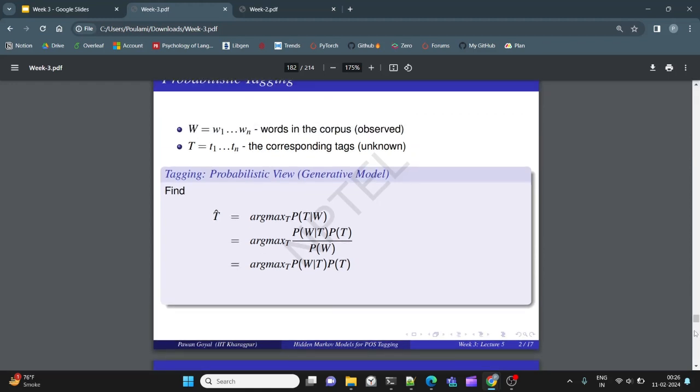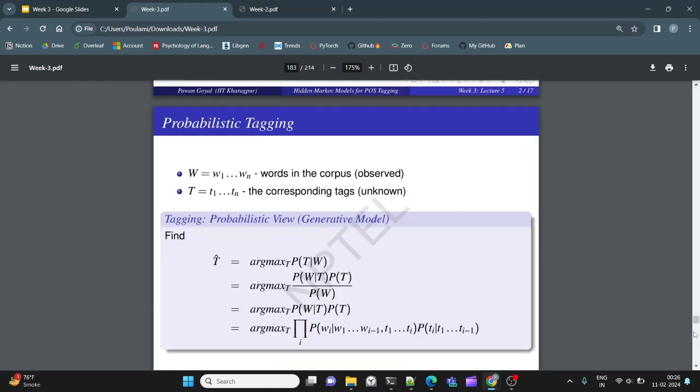Here we have the probabilistic way of doing part of speech tagging. We have the words capital W from W1 to Wn. These are the words that are there in the corpus, what we have observed. What is hidden and unknown is the tags, that is T1 to Tn. So the corresponding tags are unknown, they are hidden.